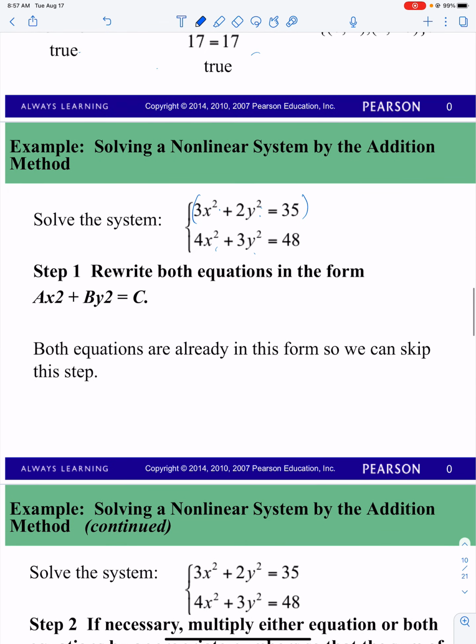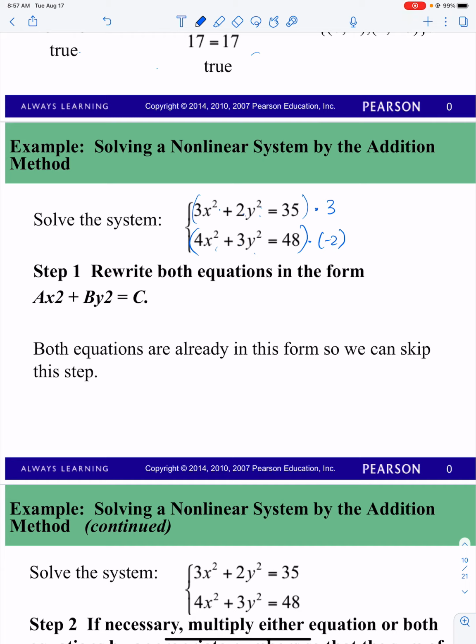Maybe y squared, since the coefficient is a little bit smaller. So we want to eliminate this. What do we do to eliminate? We find the least common multiple of 2 and 3. So this one you multiply by 3, and this one you multiply by negative 2.